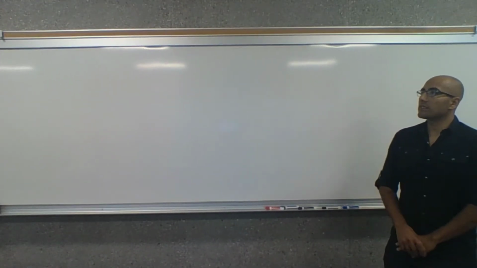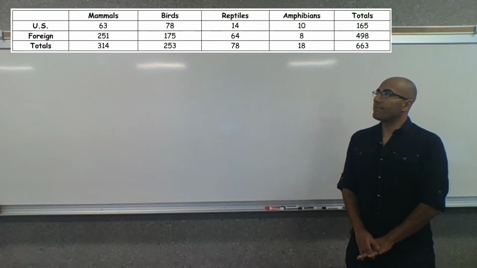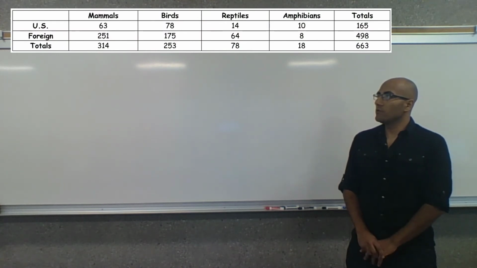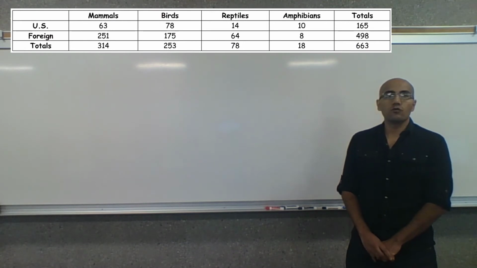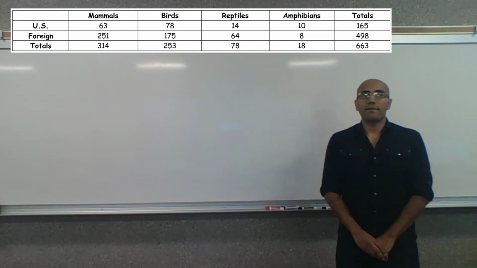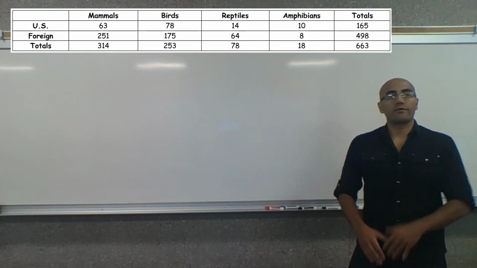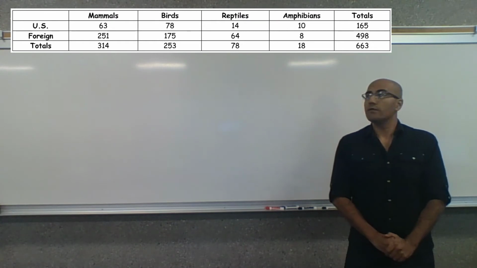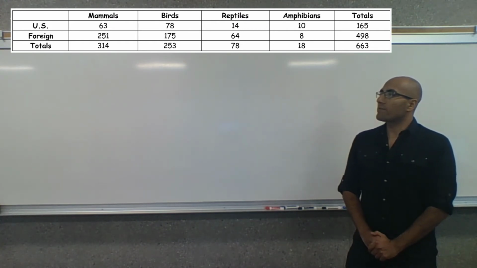Okay, so in this example, a study involved foreign and domestic mammals as shown on this table. So we have mammals, birds, reptiles, amphibians, and the animals were either U.S.-based animals or foreign animals. So we have this nice table.